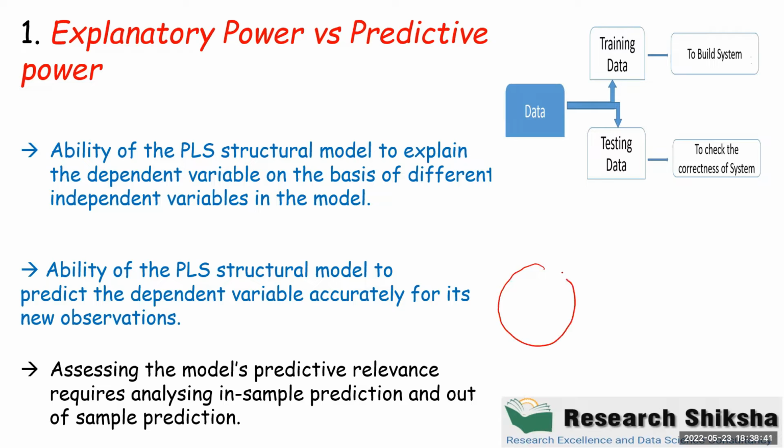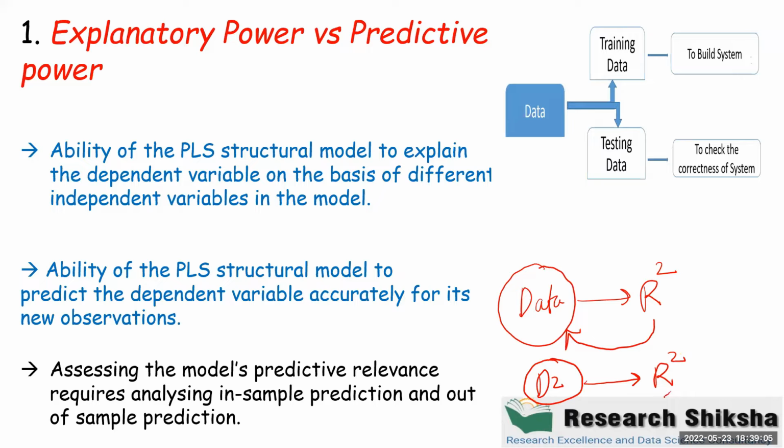Let me explain this. This is your data, and you are calculating the value of R square. So this R square is running on this data set. Now, if you apply the model on another data 2 and calculate R square, this R square is again defining the explanatory power of the same data.